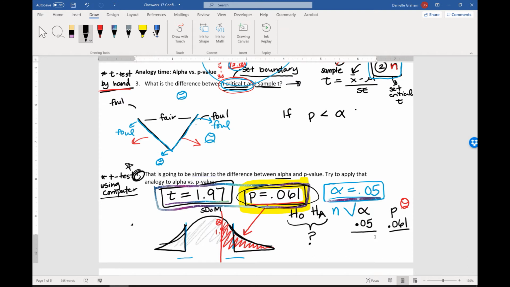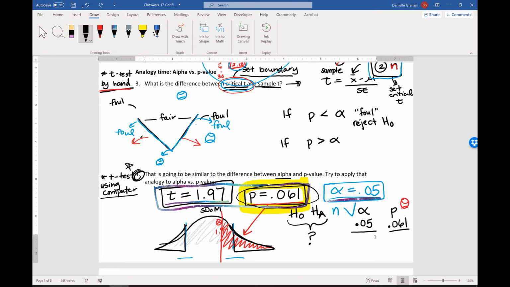Then this would be foul, and we would reject the null hypothesis. If p is bigger than alpha, and again, think of this little Pac-Man dude. Which way is it eating the thing that's bigger? Right? So here's my Pac-Man eating what's bigger.